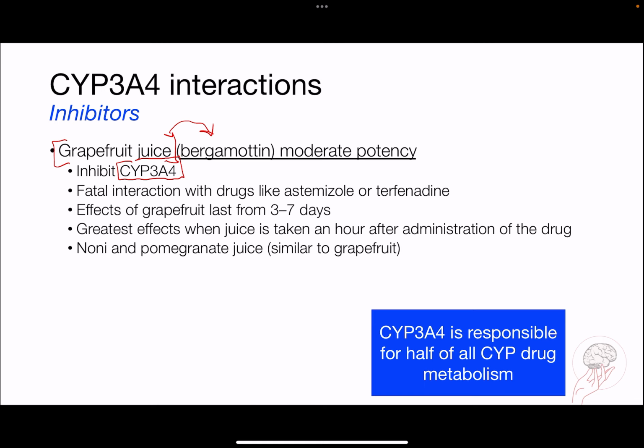And this can result in a fatal interaction with drugs like astemizole or terfenadine. Ugh, these drug names absolutely kill me. And this is an antihistamine.